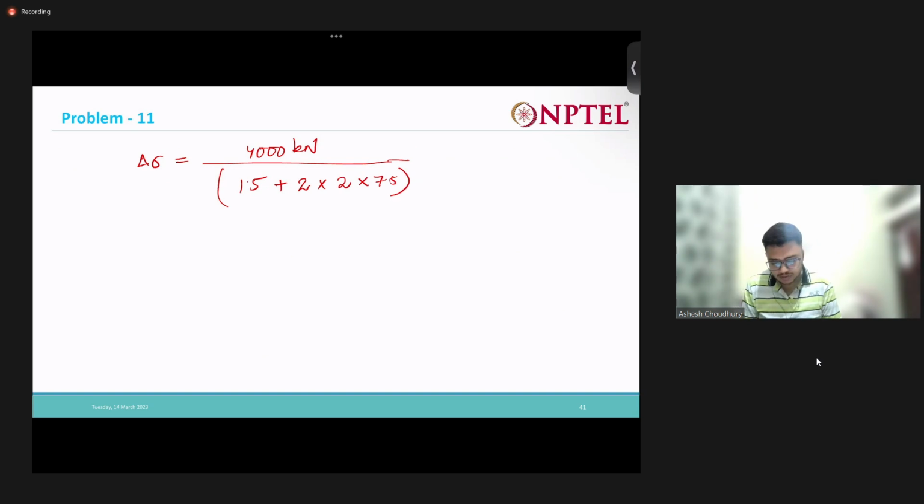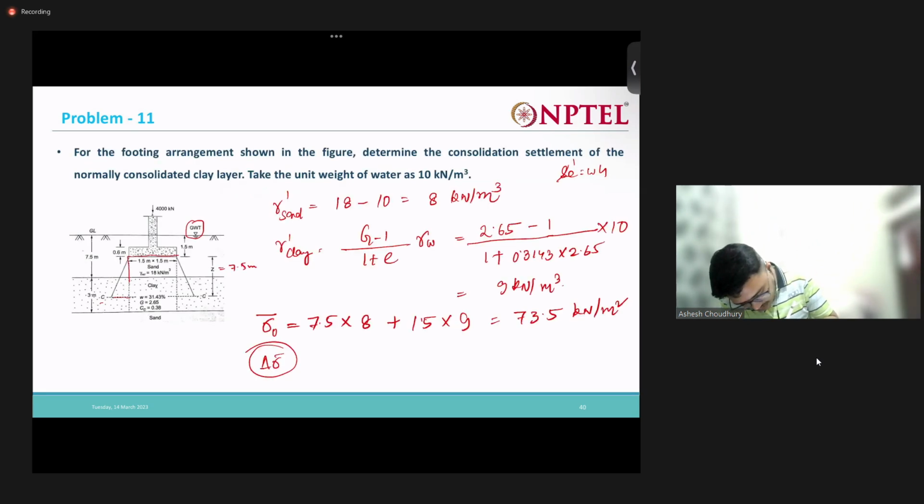I hope you understood this. This one is 1.5, and these two are 2 into 7.5 each. Why 2 into 7.5? Because we are distributing it at one vertical to two horizontal, so this one will be 2 into 7.5, and this one will be 2 into 7.5.